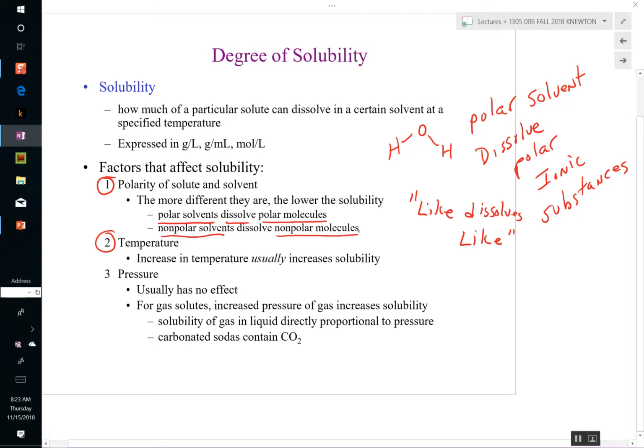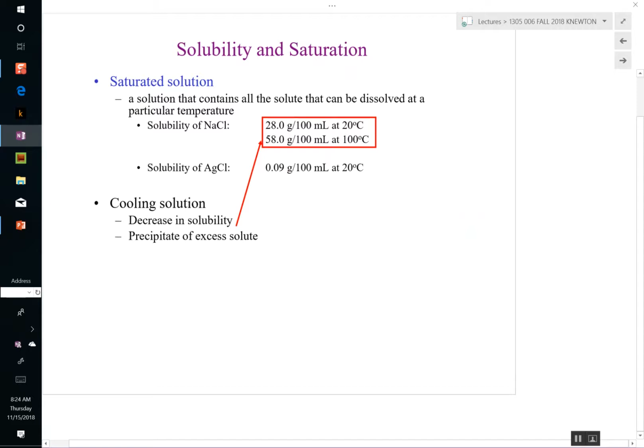And then the other one to keep in mind here is temperature. If you increase temperature, you increase solubility. Increasing temperature usually increases solubility. Here's an example, again, sodium chloride.